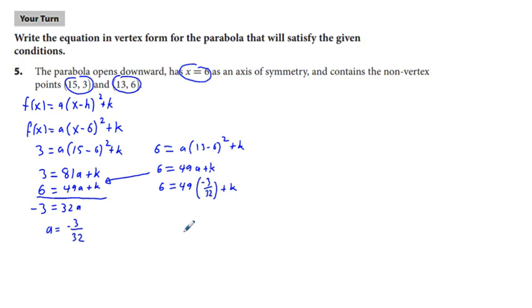And for that, we'll get negative 147 over 32.